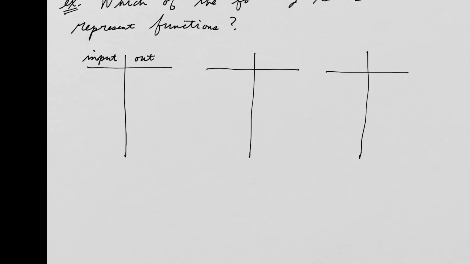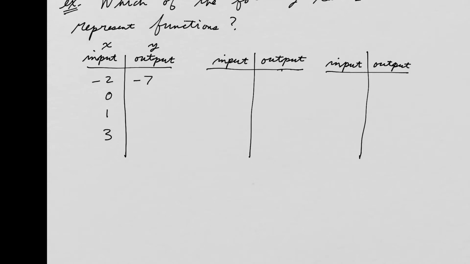These are my output values. So input, output. Again, if you want, you can think of this input as X and output as Y, but it doesn't have to be called X and Y. That's typically what we use, but it doesn't have to be called that. Okay, so the first table, these are my values.